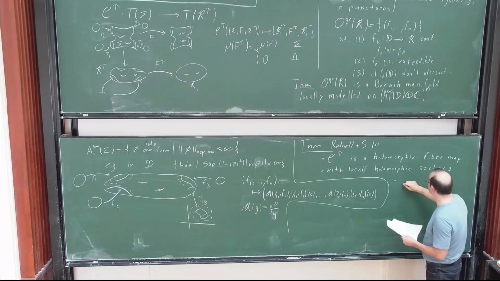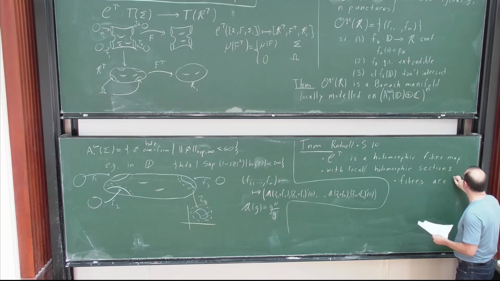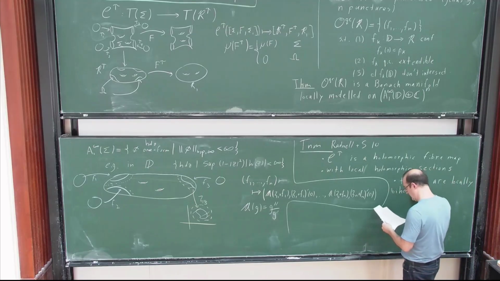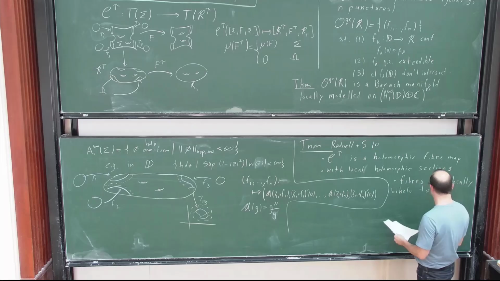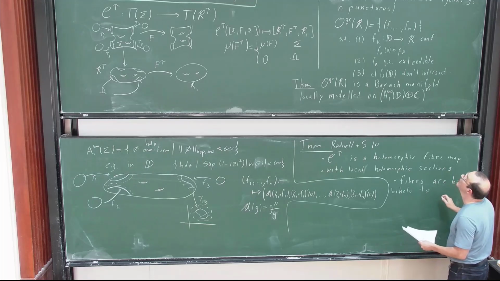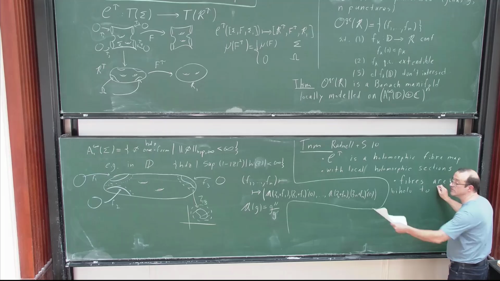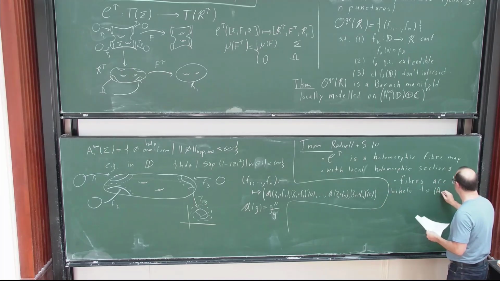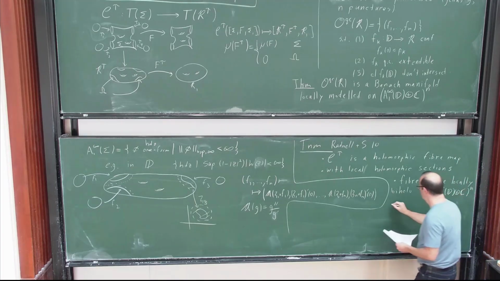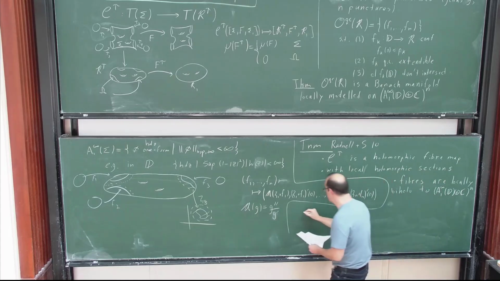But moreover, the fibers are locally biholomorphic to this Banach manifold, A1 infinity V plus C to the n. And actually you can be specific about what the fibers are.